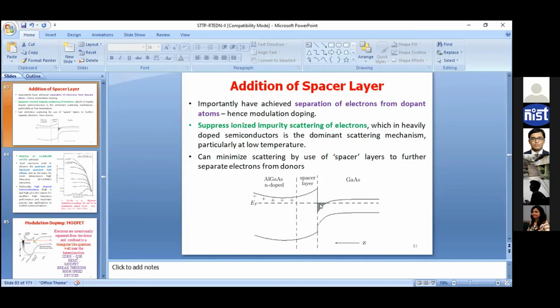There are DX centers, known as trap levels. So it will reduce the two-dimensional carrier concentration, and it can also reduce the mobility due to the DX center. People are using different techniques to reduce that trap or DX center. You should take care of this because we can't increase the alloy concentration very rapidly. If we increase X, the band offset and the band gap increase, but it is not the right way.